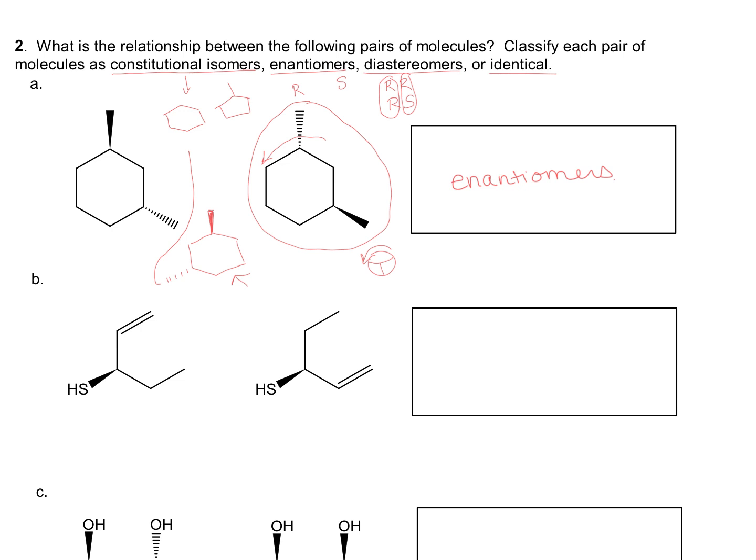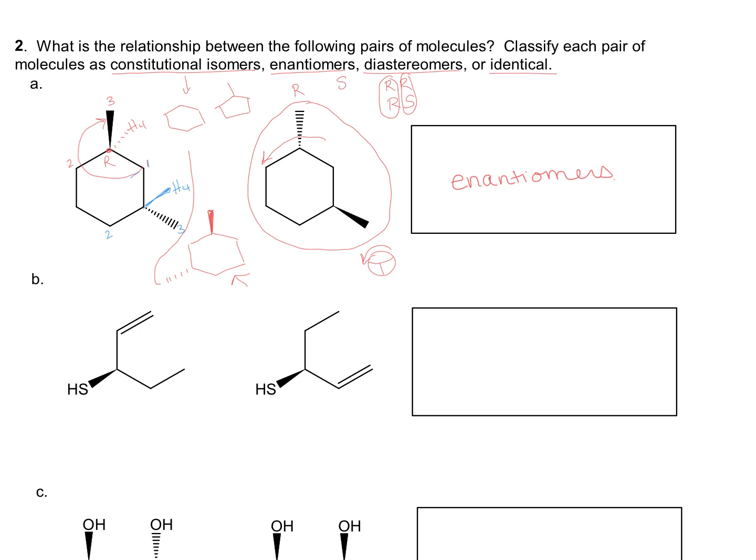If you're ever in doubt, just figure out the chirality, like figure out R or S. So we can quickly do that. For this first chiral center, it would go 1, 2, 3, and the hydrogen is in the back. It's 4. So this is going to be R. And then for the other one, this is 1, this is 2, this is 3, and the hydrogen's in the front.